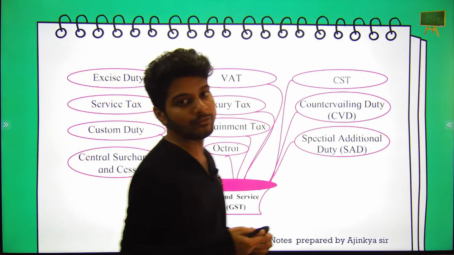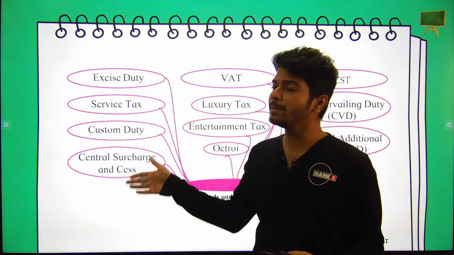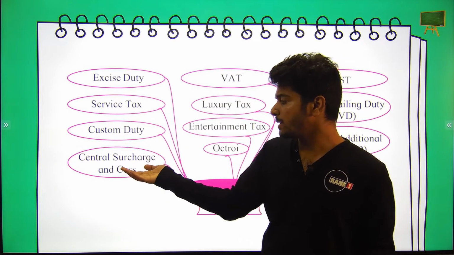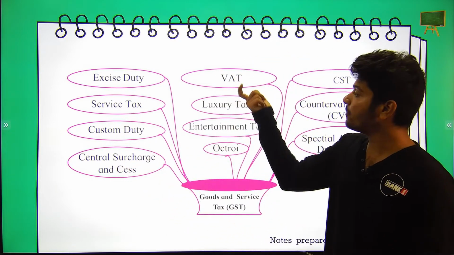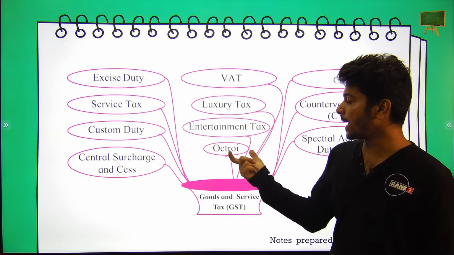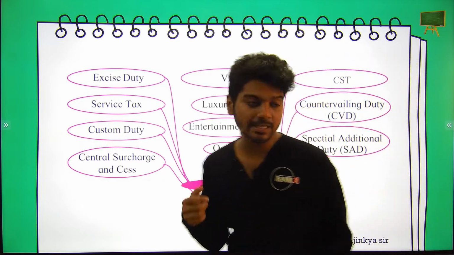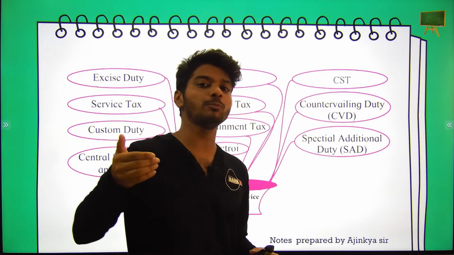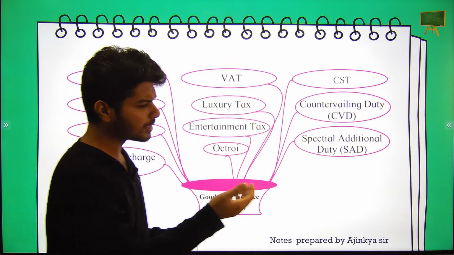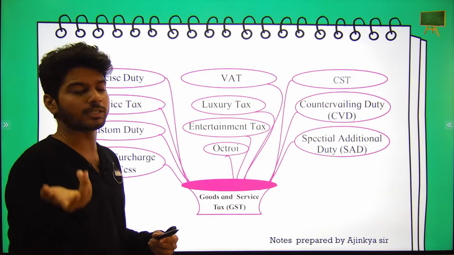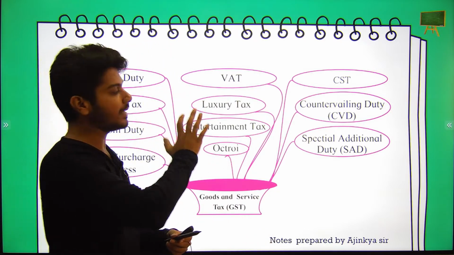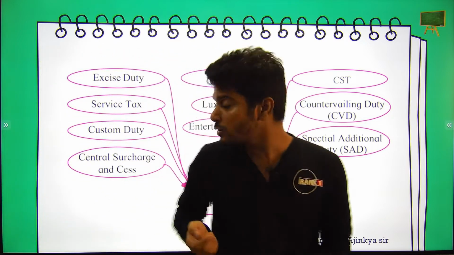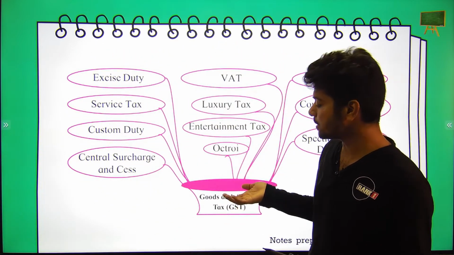Previously there were multiple taxes like excise duty, service tax, custom duty, central surcharge and cess, then VAT, luxury tax, entertainment tax, octroi tax, and CST. These were the multiple taxes which you had to pay while buying a commodity. But now there is only one uniform tax, which is GST. We call it goods and service tax.